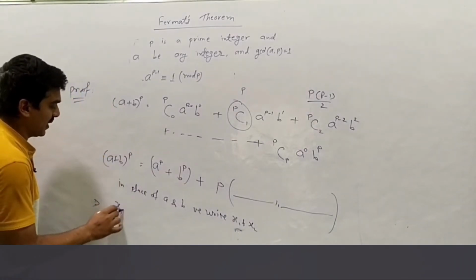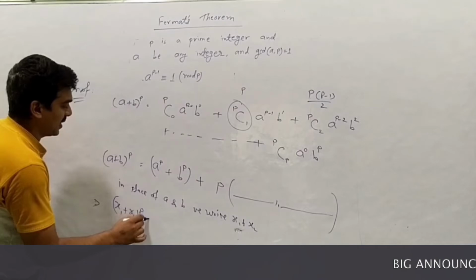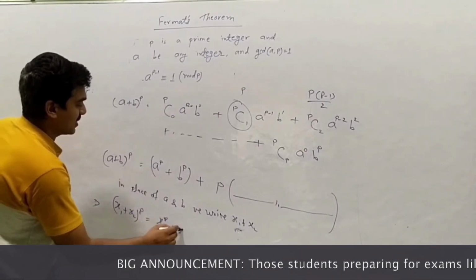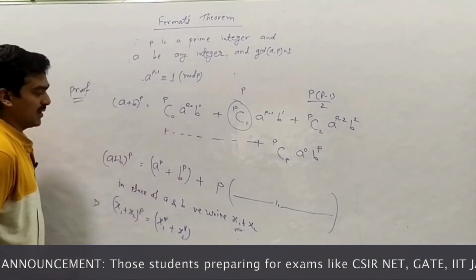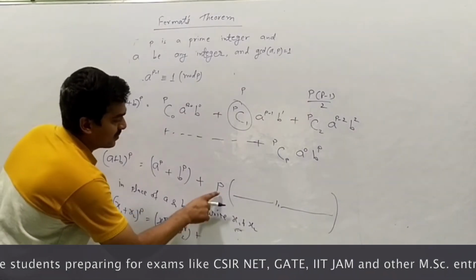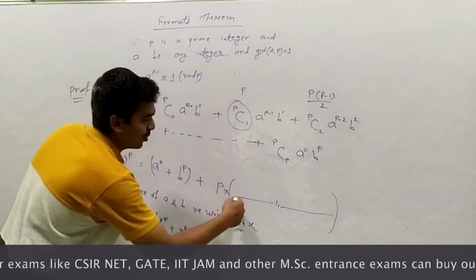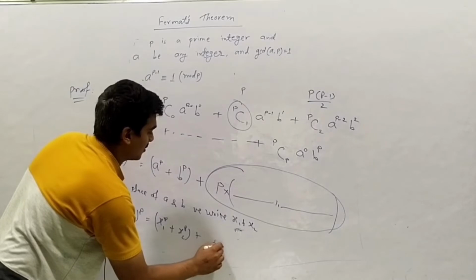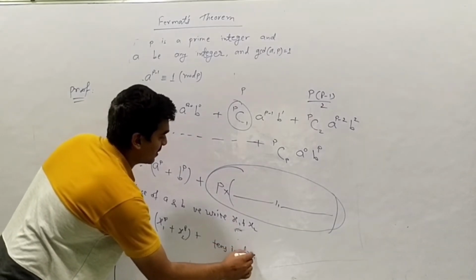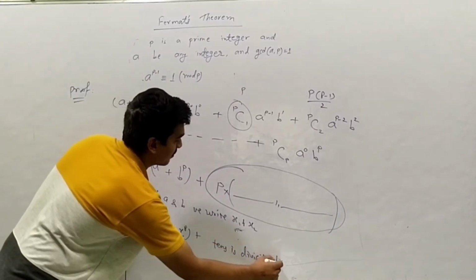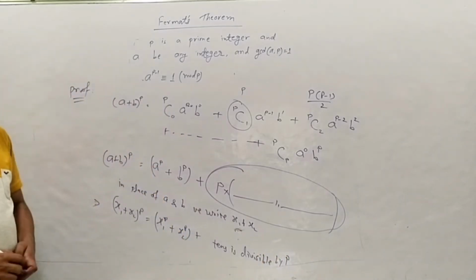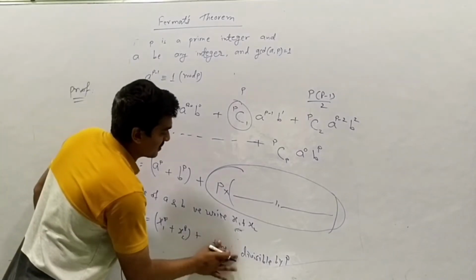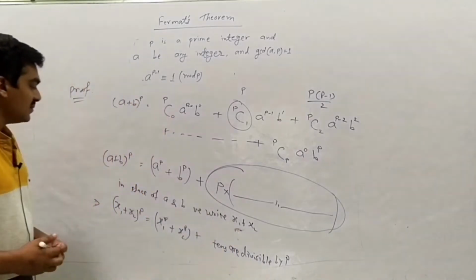No, there is no problem. (x1 plus x2) raised to the power p is x1 raised to the power p plus x2 raised to the power p, plus p into all these terms, so overall these terms are divisible by p. We can easily write that all these terms are divisible by p.